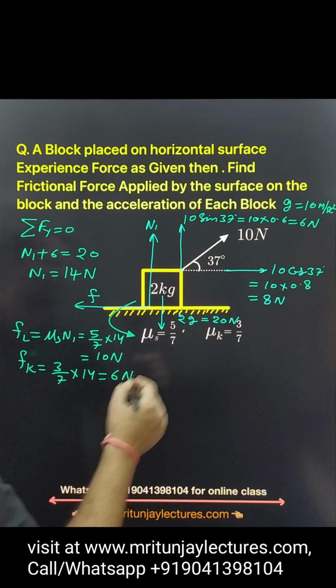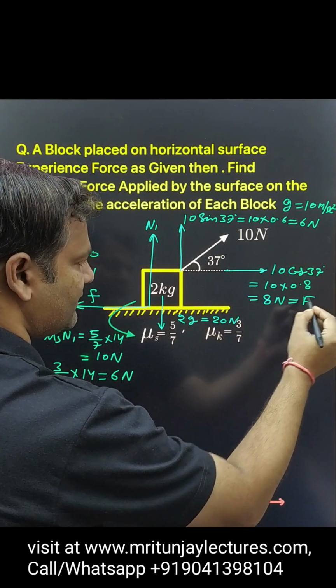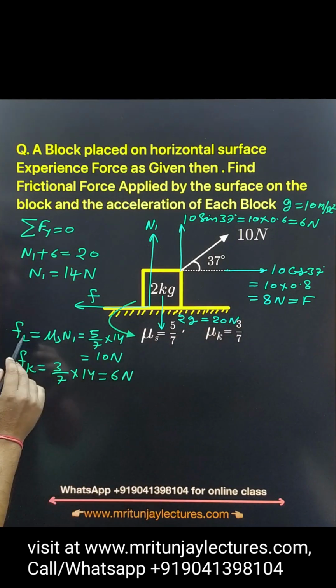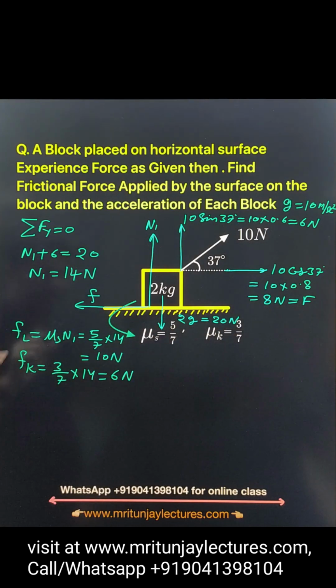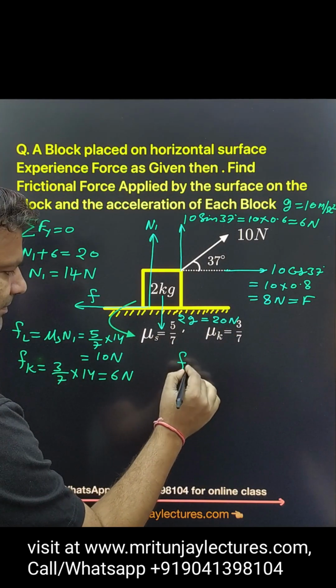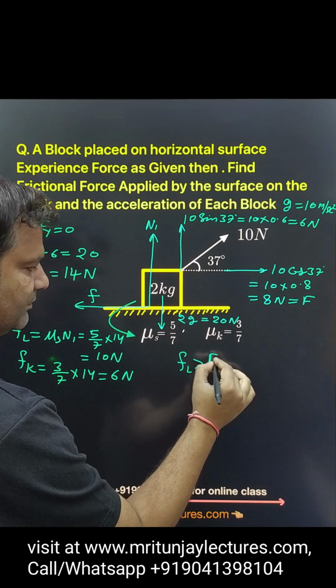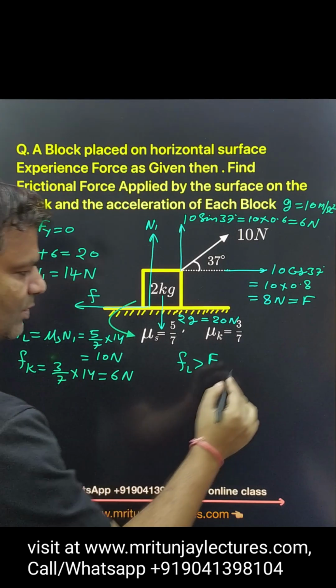Okay. Now look here, that is the driving force F. If the driving force is greater than the limiting frictional force, look here, this one is 8 Newton and that is 10 Newton. It means the limiting frictional force FL is greater than F. Okay, it means this block is not moving.